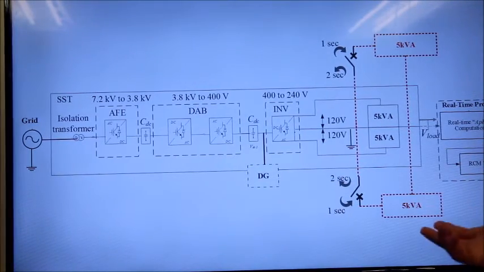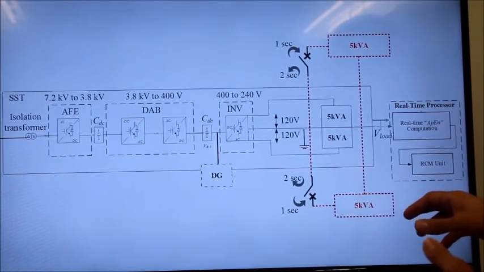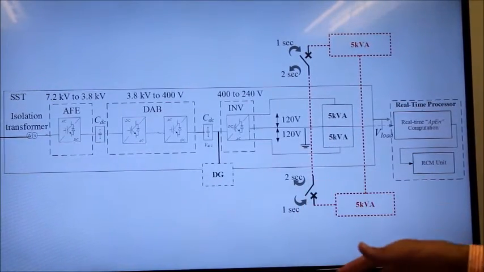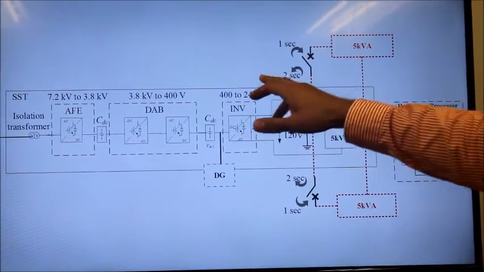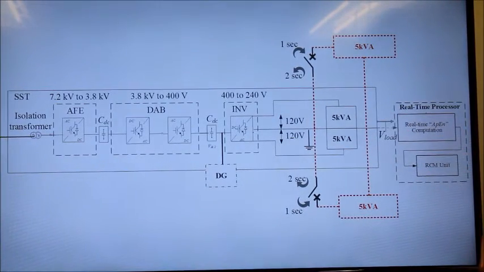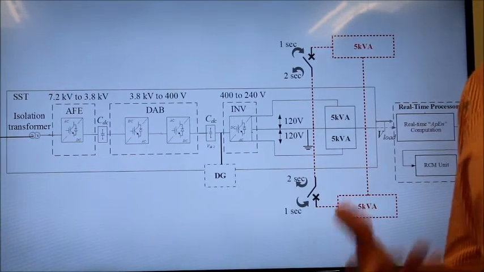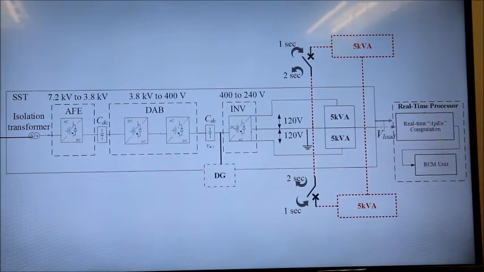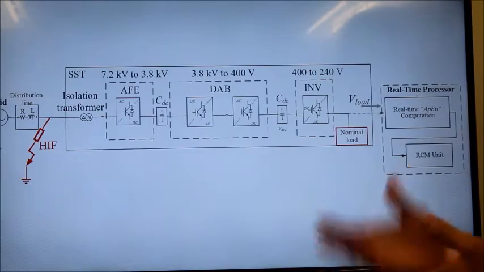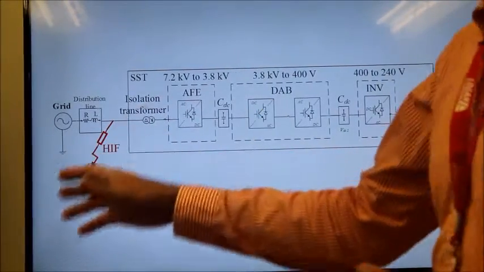So in this scenario, in which we have load switching at the load side, another 5 kVA load is connected at 1 second and then is disconnected at 2 seconds. So in other words, the system is operating in a load condition which is 2 times greater than the nominal loading condition.